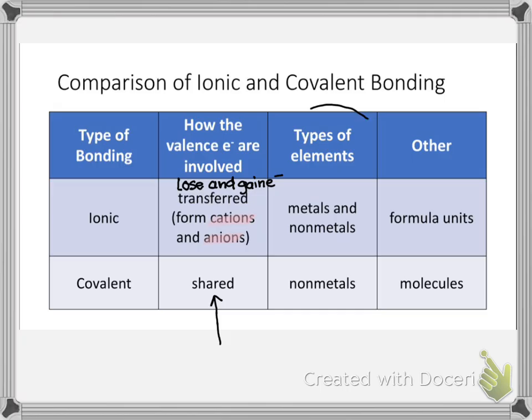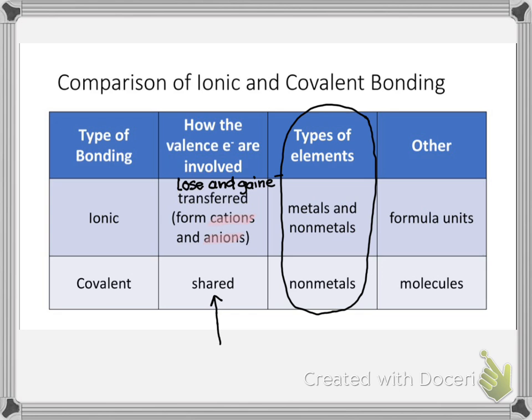Now, this is what we really talked about in the previous chapter: how can we determine, by what the elements are, what type of bonding they have. And so it's metals and nonmetals that form ionic bonds, and nonmetals with other nonmetals form covalent bonds. This is an important idea that you're going to need not only for this chapter, but also in things like naming and in predicting some things in chemical reactions.